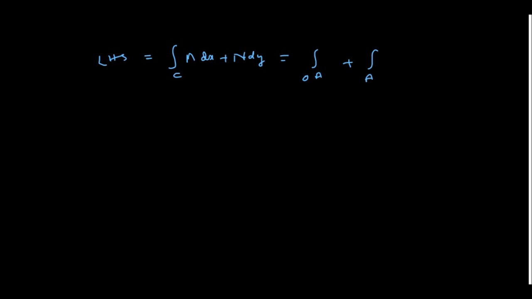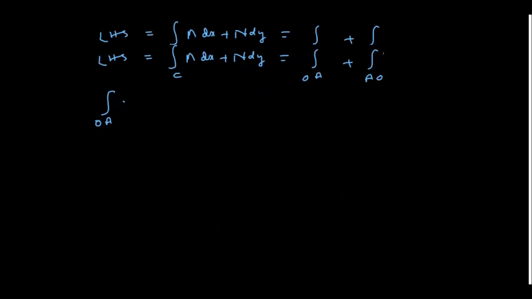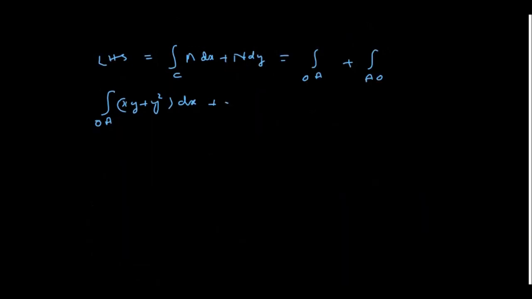Let's find the first one, the integral over OA. The m value is xy plus y square, into dx, plus n is x square, that is x square dy.